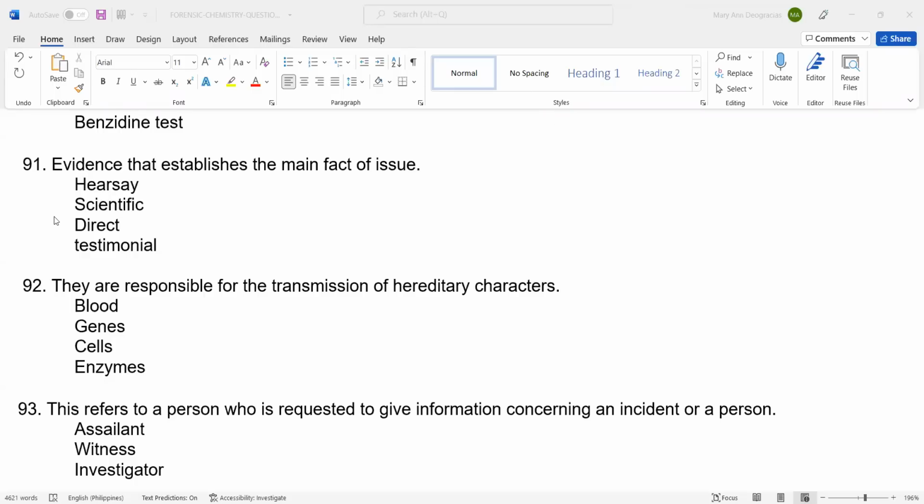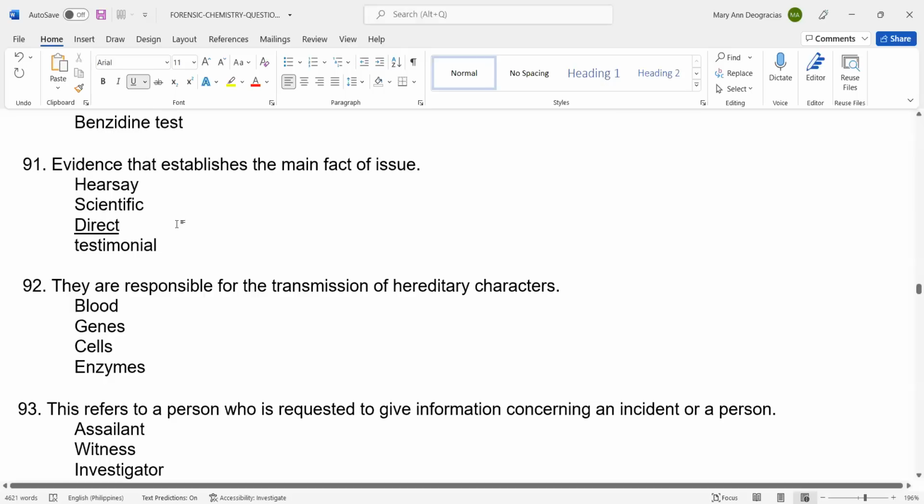Kasi hearsay, sabi-sabi lang yan, which is not accepted in court. Scientific natin, so it is an evidence which conforms to principles of science. Tapos yung direkta doon sa ating problema, it's syempre direct yan. Is the main fact of issue. Testimonial is a statement made by any of the witness.